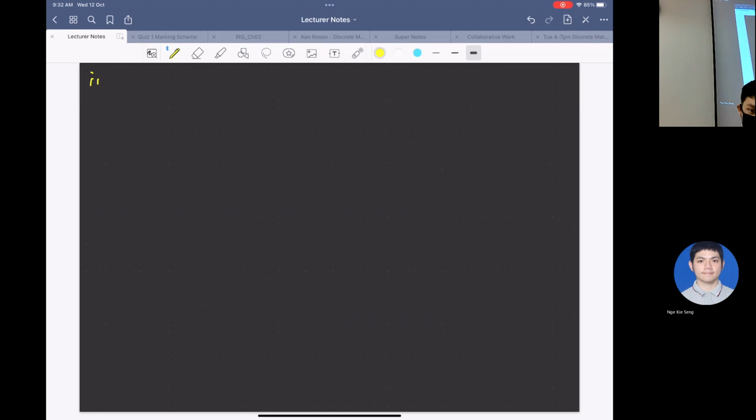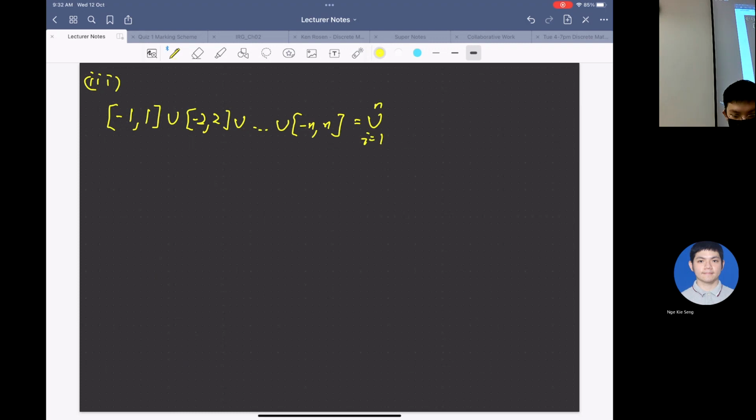Okay, next about this. Let us take the union of intervals. The first one is a finite union of the closed interval of minus i.